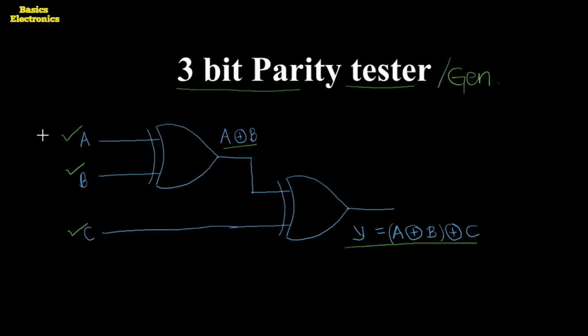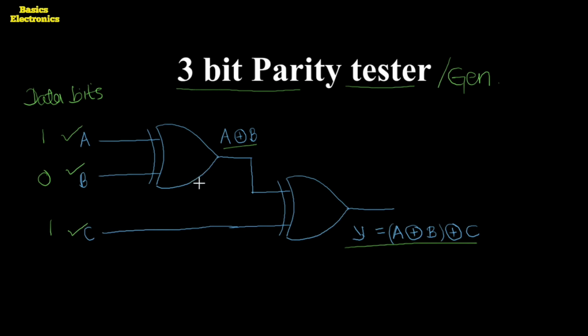When we apply the input data 1, 0, 1, the output produced depends on the number of ones available in the input data bits. Okay, so the 3 bits are A, B, C. A equals 1, B equals 0 and C equals 1.